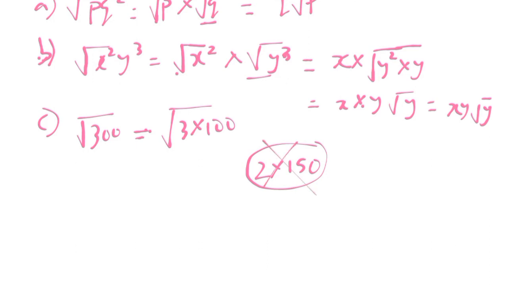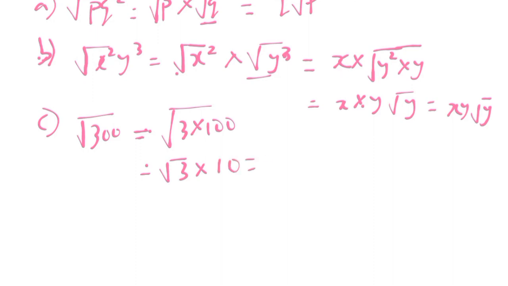I must simplify it in a way that I get a perfect root, so that I can further simplify the surd. So this will be equal to root 3, which is not perfect, but I can take the root of 100, which is 10. This will be 10 root 3.